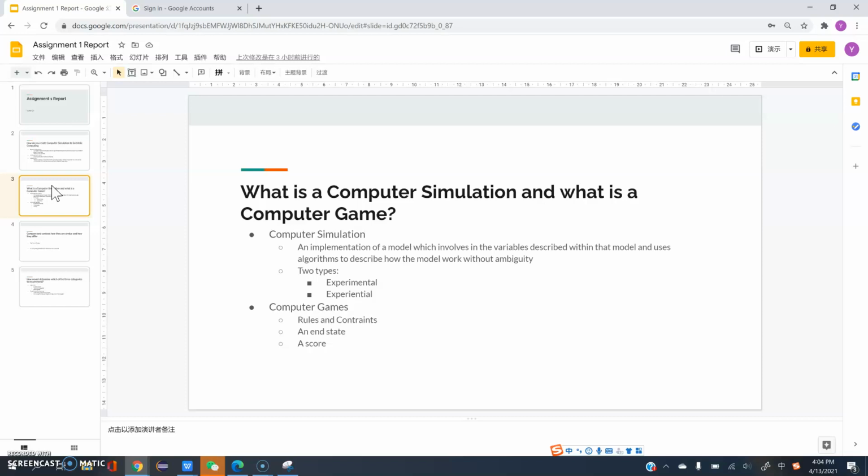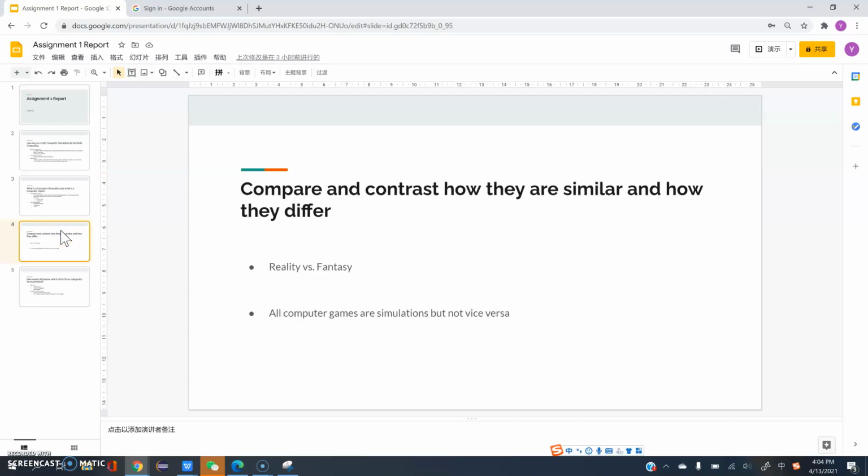There are a lot of people still arguing about the difference between computer simulations and computer games. The biggest difference they argue is reality and fantasy. However, a truly realistic computer simulation doesn't exist, because computer simulations require abstractions to make them implementable.